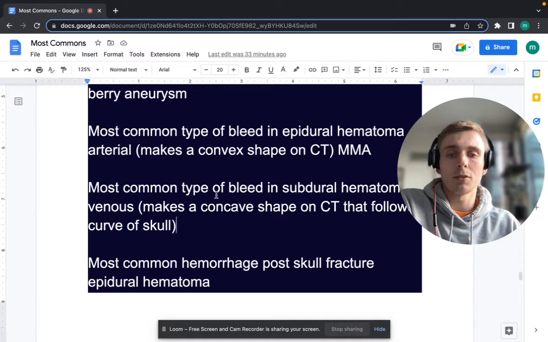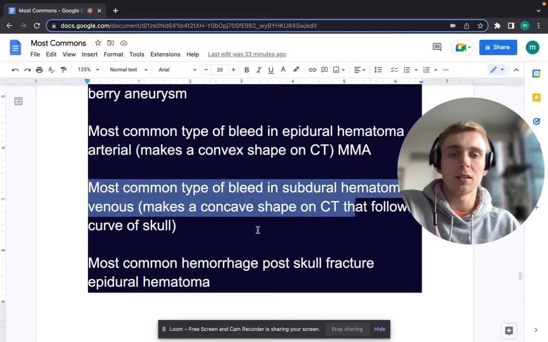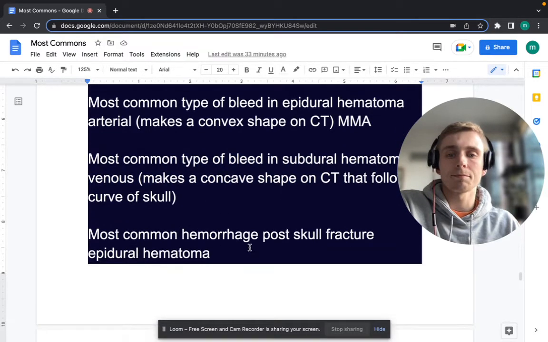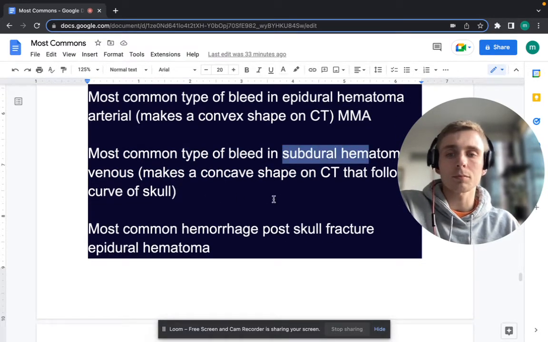So we have a bunch of taut meningeal bridging veins that are more predisposed to rupture, especially in alcoholics and in older people with brain atrophy. So really tugging on those bridging veins, so that's higher risk. So, concave shape on CT for subdural hematoma.